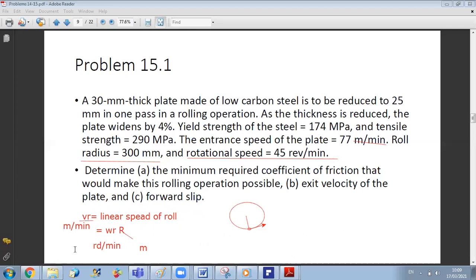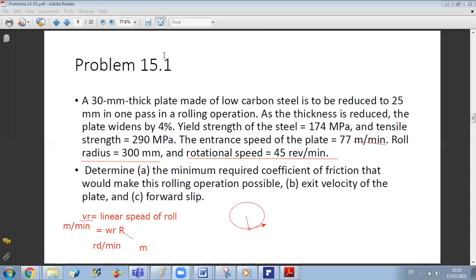Now, to find omega r in radians per minute, since I know the rotational speed in revolutions per minute, all I have to do is to multiply by 2 pi, because one revolution corresponds to a full rotation, 360 degrees, which is 2 pi radians.